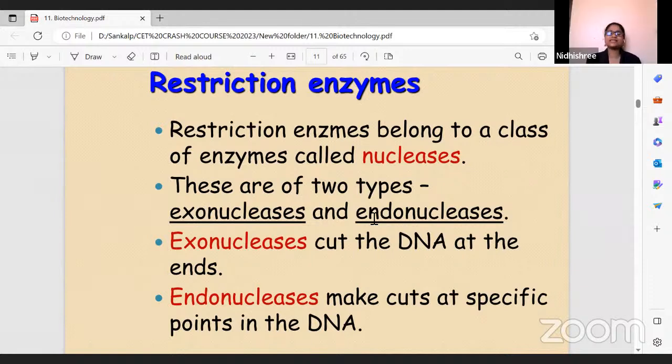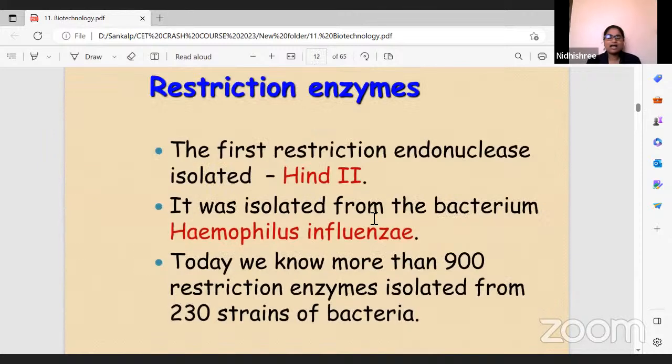Very good. So in restriction enzymes, we have two types, exonucleases and endonucleases. Exo, out, which cut the DNA at the ends; endo, in, which cut the DNA at specific points. Next, regarding restriction enzymes, we have certain important points to remember.